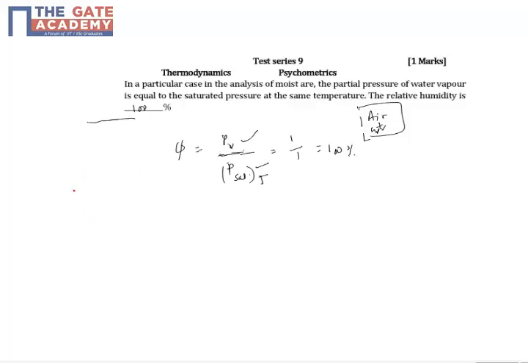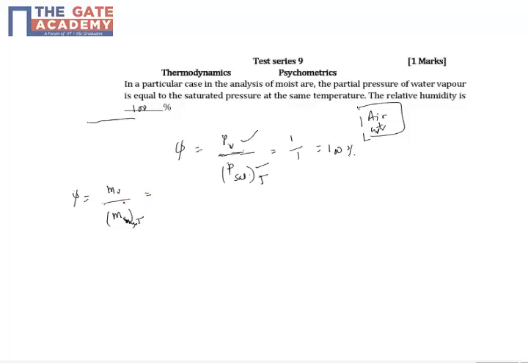In fact, the original definition of relative humidity is the mass of vapor present by the mass of vapor that can be held at most at that temperature, the saturated mass, m max.